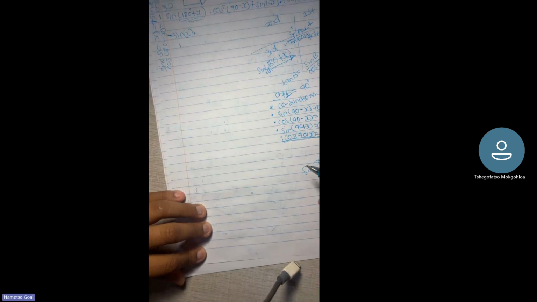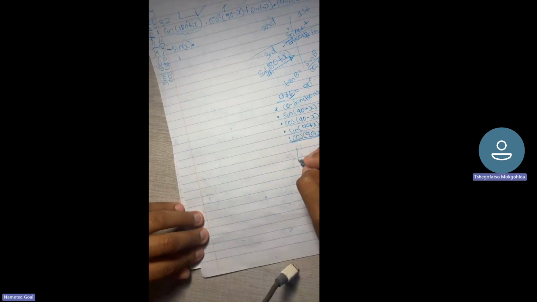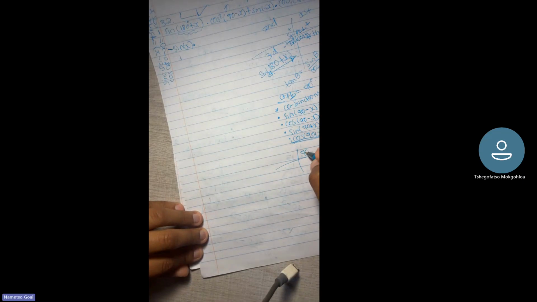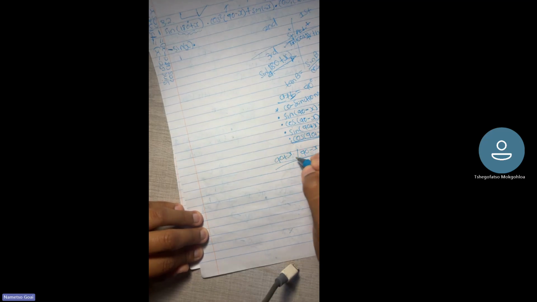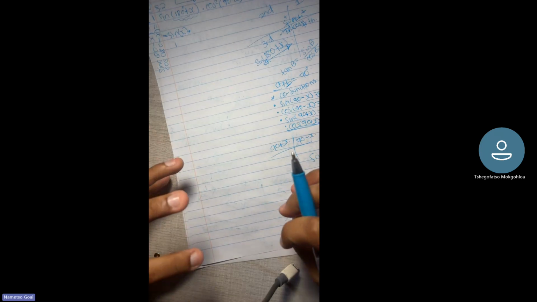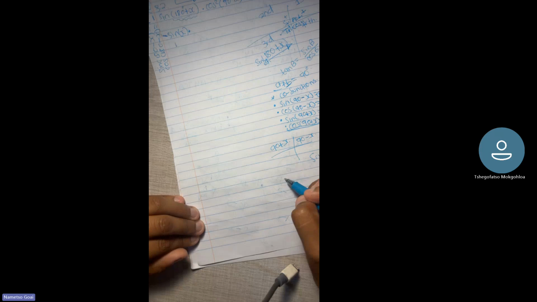Remember we said the first quadrant is the one with 90 minus x. Then the second quadrant would be 90 plus x. Now remember, sine and cosine are co-functions. So if we have sine of 90 minus x, we know for a fact its co-function is going to be cos x.